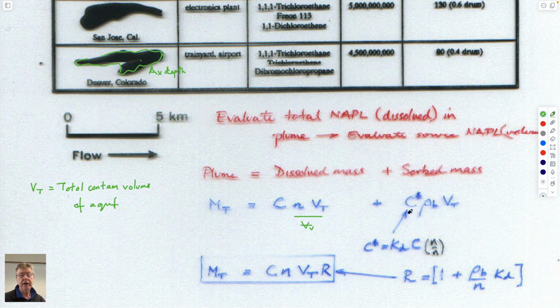You have to add an amount that's sorbed onto the solid, and that is the concentration that's sorbed onto the solid, the density of the aquifer, and again the volume of the aquifer.